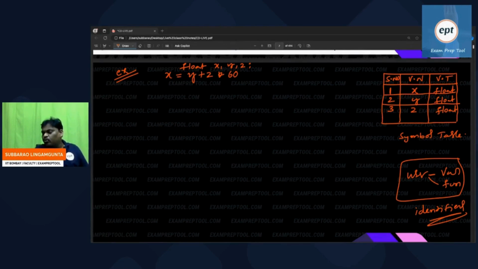User-defined variables and user-defined functions will be stored in the symbol table. Next one, plus is an operator, star is an operator. Bitwise and, or operators, they are operators, right? Fine. And one more thing, float is a data type. You can say keyword also.